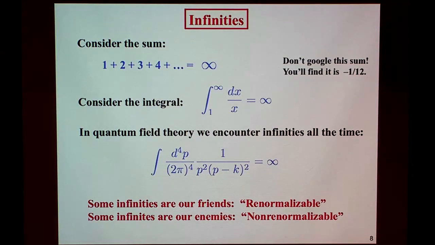We know exactly how to deal with it, some redefinition of coupling constants, and then the infinities are swept away. They're our friends, not a problem. But then there is another set of infinities when you get to what we call unhappy theories like gravity, and those infinities are not so easy to deal with, and we call that non-renormalizable.